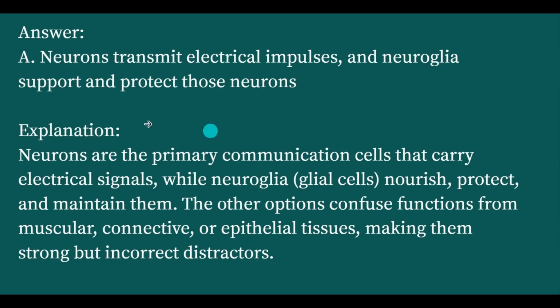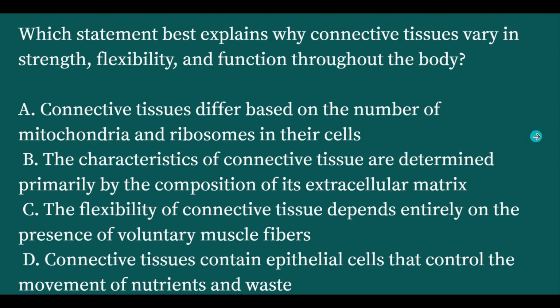So we've got A, neurons transmit electrical impulses, and glia support and protect those neurons. Neurons are the primary communication cells that carry electrical signals, while neuroglia, glial cells, nourish, protect, and maintain them. The other options confuse the functions from muscular, connective, or epithelial tissues, making them strong, but incorrect nonetheless.